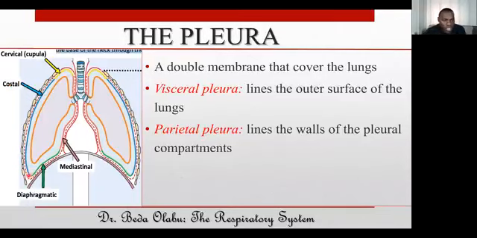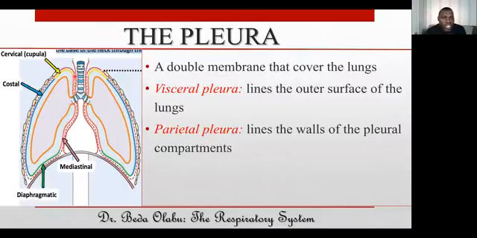The parietal pleura that is lining the upper part of the diaphragm, the green one, is known as the diaphragmatic pleura. The parietal pleura that is lining the mediastinum, this other color, is known as mediastinal pleura.